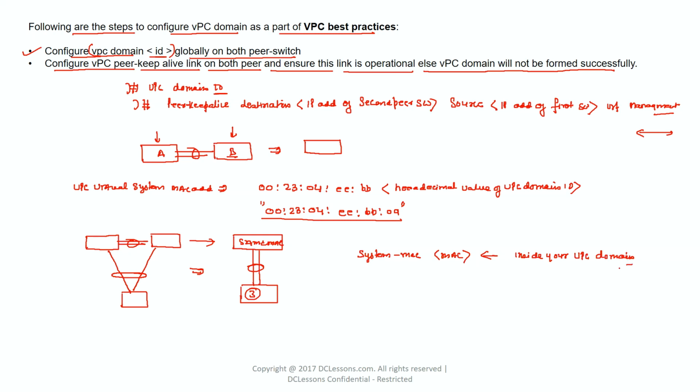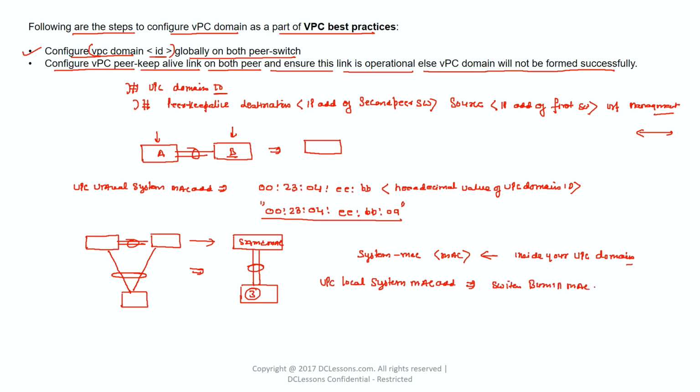Now there is also another MAC address. We call it the VPC local system MAC address, and this is your switch burn-in MAC address.